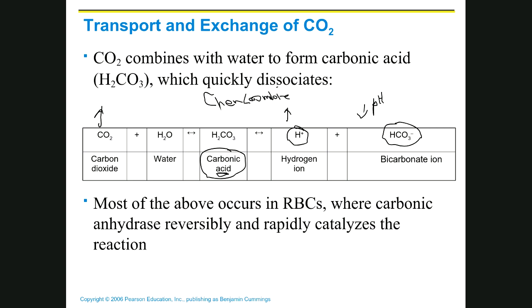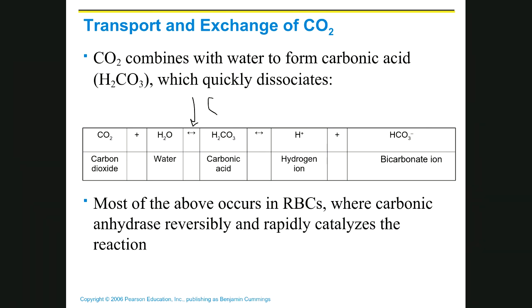Well, it happens much, much faster if there's an enzyme right here. The enzyme that produces this reaction is called carbonic anhydrase. Well, we don't have carbonic anhydrase hardly anywhere.